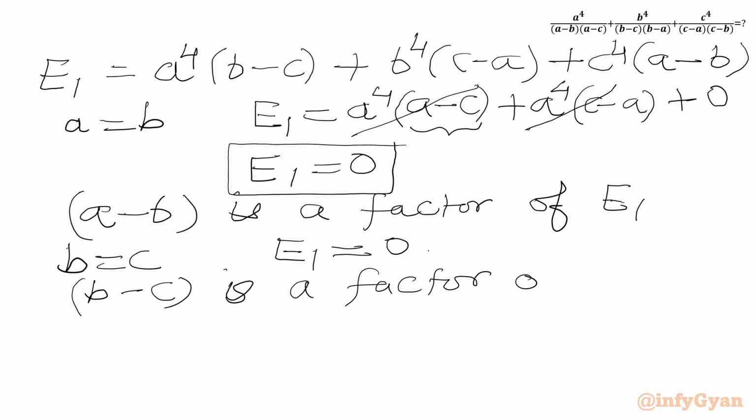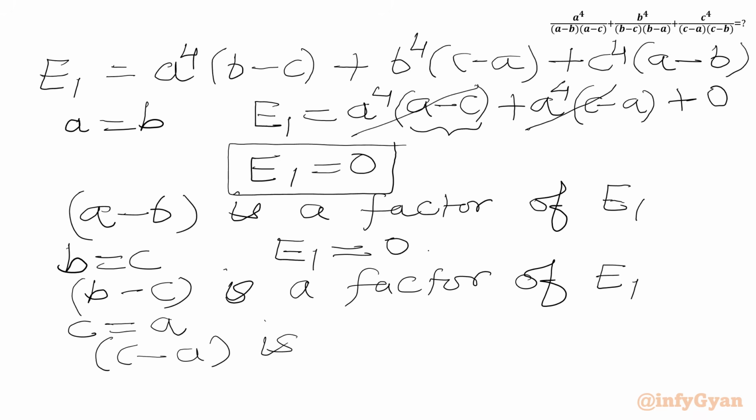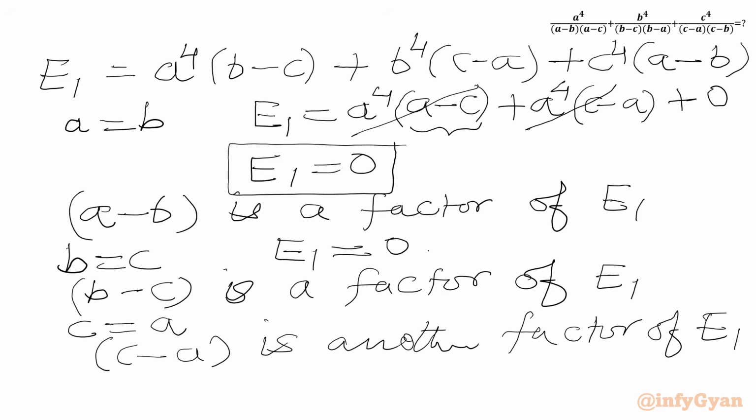And similarly, if I plug in C equal to A, we will say C minus A is another factor of E1. So A minus B, B minus C, C minus A will be the factors of E1.